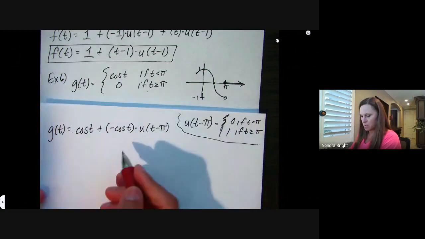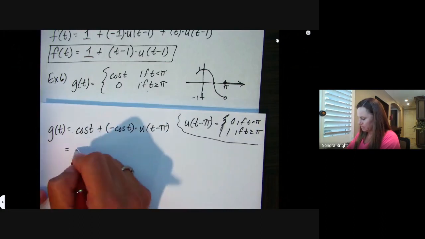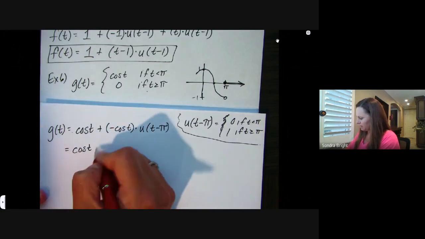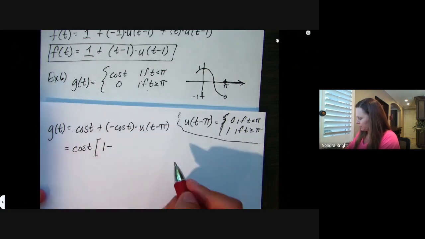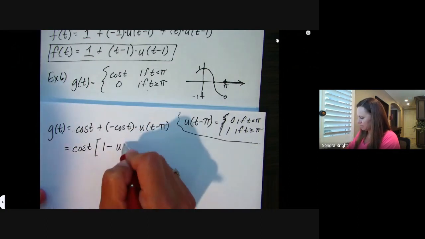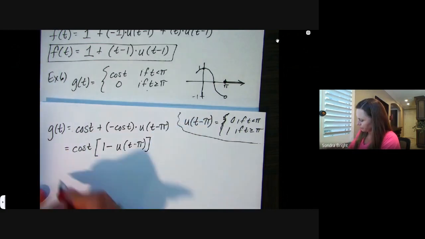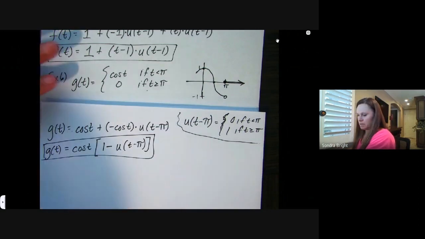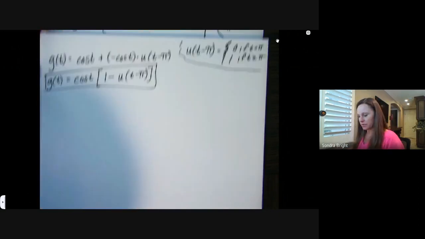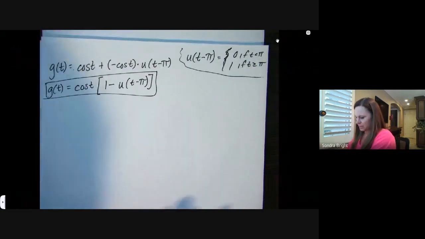You can totally factor out that cosine. Cosine of t, it'll leave you with a 1 minus u of t minus pi. There you go. That's the function written in terms of the unit step function. Okay, let's do another one.